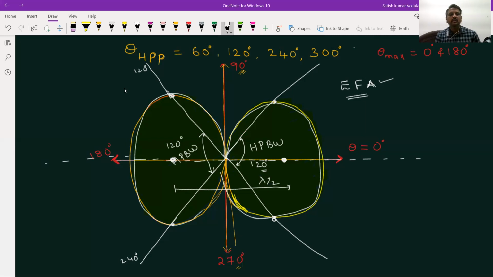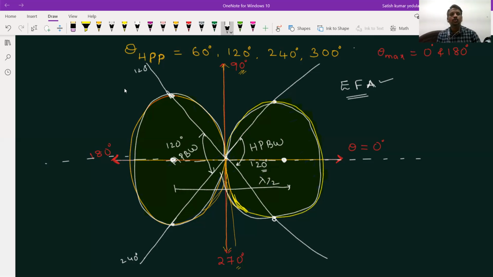So it's a blind way of remembering. For broadside array, radiation will be perpendicular to the array axis. For end-fire array, radiation will be along the array axis, because you will have to use this for the n-element array and all the cases. Then what is the array axis?